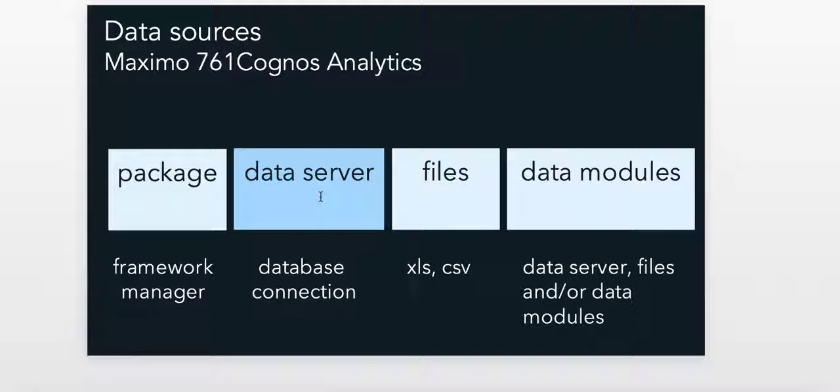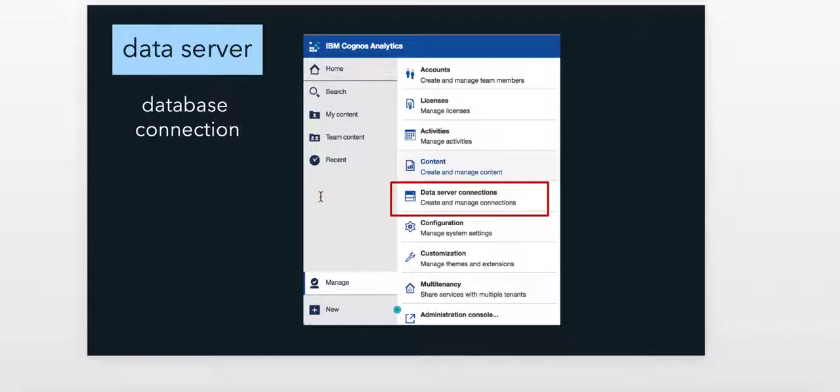That is, how can I connect to my Maximo database, whether that's my production Maximo database, a replicated copy, a development, or a test copy. So first, let's start with the mechanics. As the administrator, you sign into Cognos Analytics or launch there from Maximo, and you access Manage Data Server Connection.